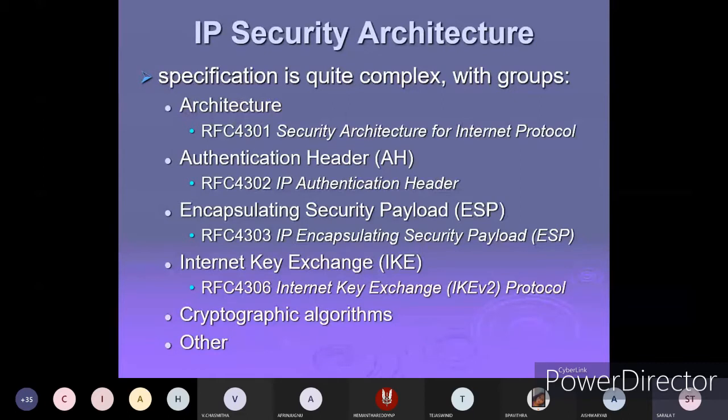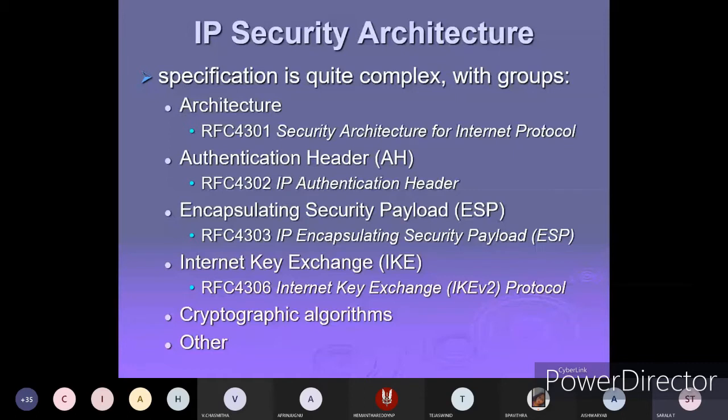For the authentication header, a different architecture is there, so RFC 4302, the IP authentication header, is provided here. And for encapsulating security payload, ESP, RFC 4303, IP encapsulating security payload, provides the information.